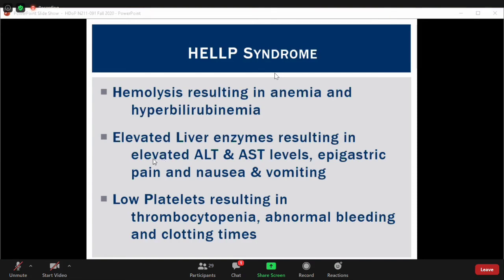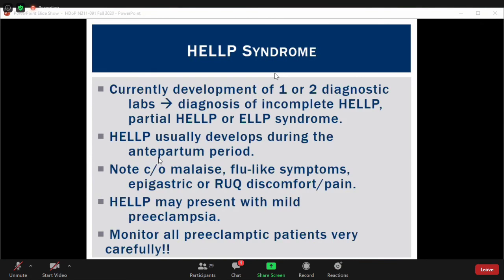So HELLP syndrome, now occasionally you'll have a mom who just comes in and she just jumped past everything and went straight to HELLP, okay? Some of the signs and symptoms, she may complain of flu-like symptoms. At this time of year, you have to really zero in on this and not just think, oh, she's got a cold, oh, she's got the flu.